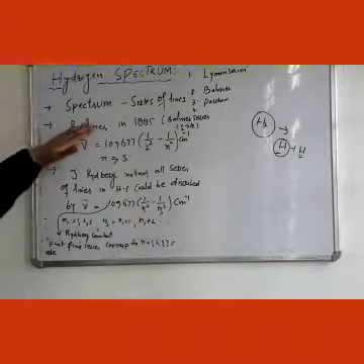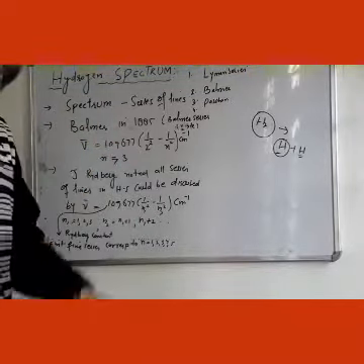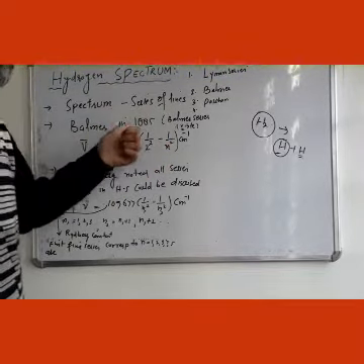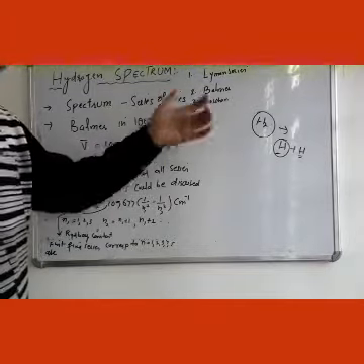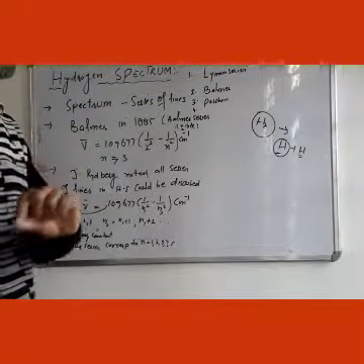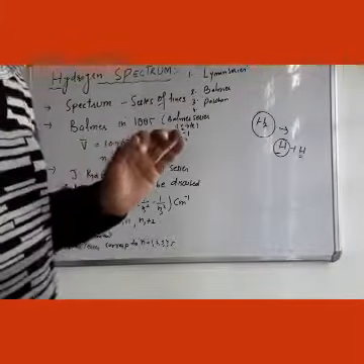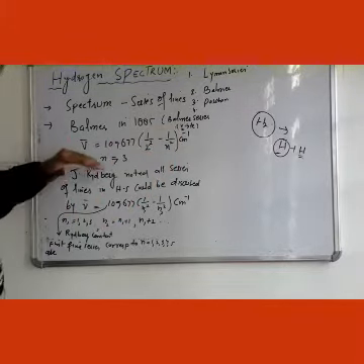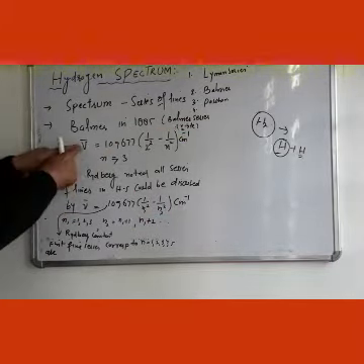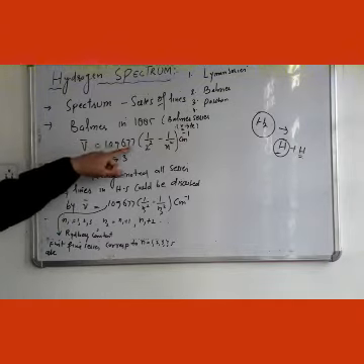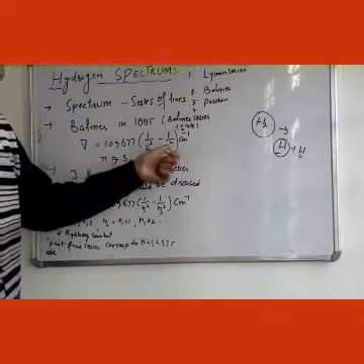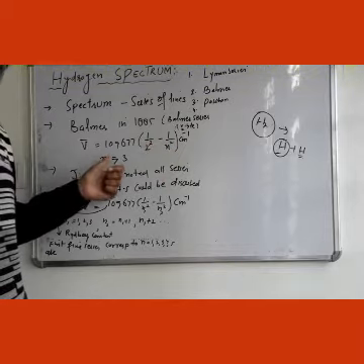First of all, Balmer, on the basis of his experimental observations, said that if the spectral lines are expressed in terms of wave number, then the visible lines in the spectrum obey the formula: wave number is equal to 109677 into 1 upon 2 square minus 1 upon n square, where n is greater than or equal to 3.